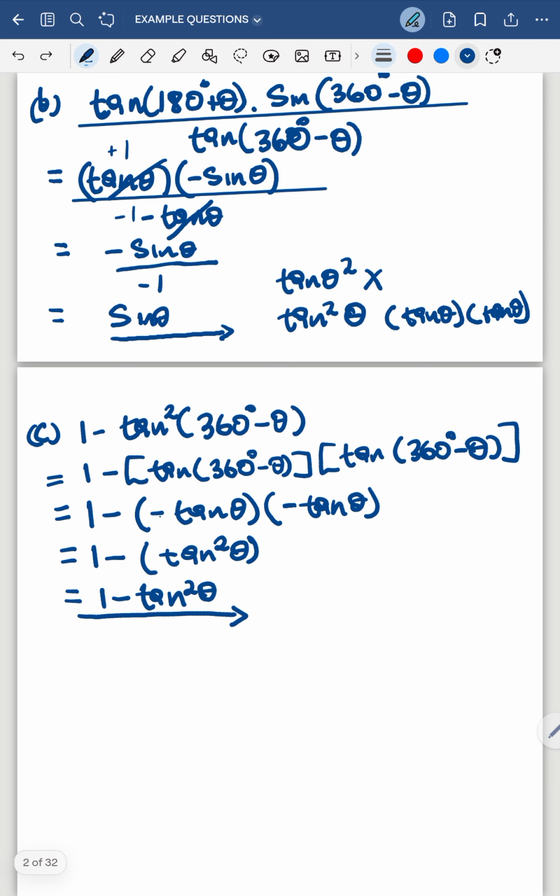It doesn't change. Whatever quadrant it is in, it's always going to be positive. So if it's sine squared of 360 degrees minus theta, it is positive. Whatever the quadrant, if it's squared, it will stay positive. So that's another secret.